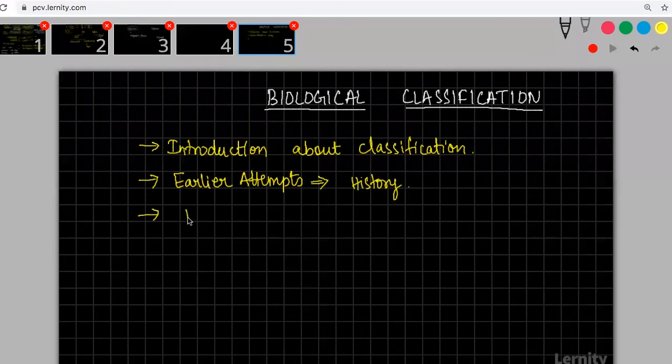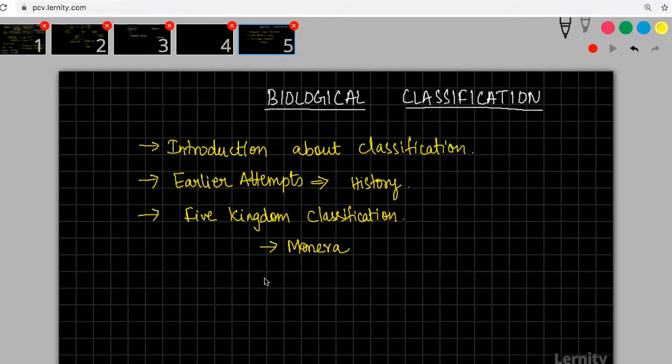Then we'll go to the five kingdom classification, in which we'll try to cover a kingdom called Monera. Then we'll go for Protista. Then we'll go for fungi. Then you'll go for Plantae.